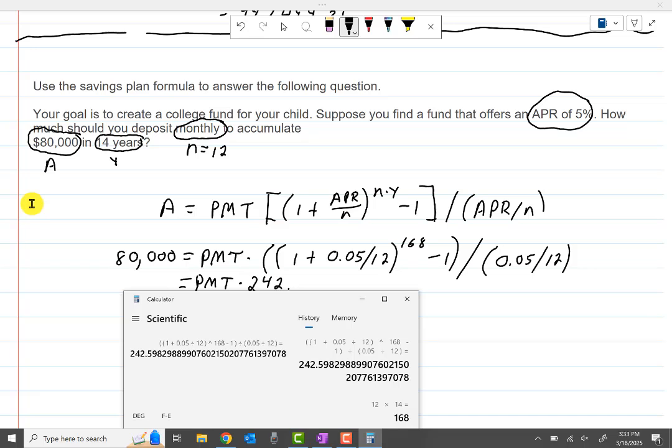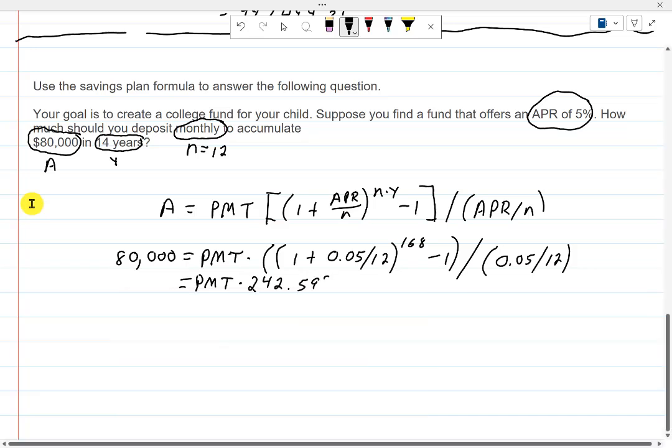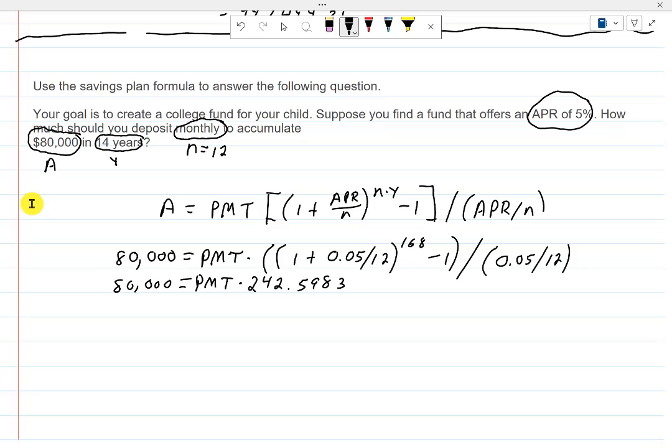We'll stick to that. 5983. So that equals 80,000. If I want to get the payment now, what I'll do is I'll divide by the 242.5983. And then I'll have my payment all by itself.